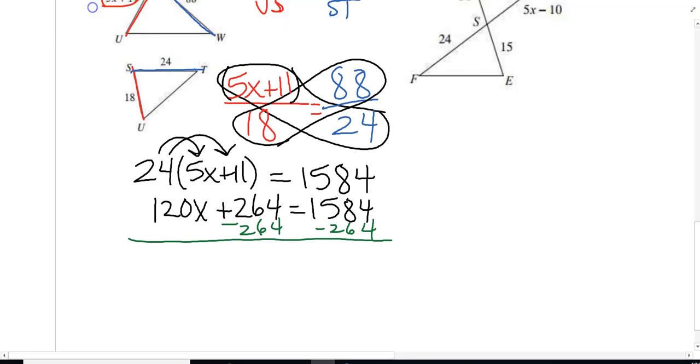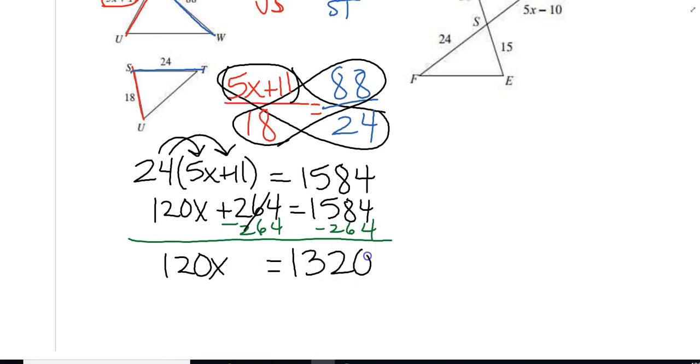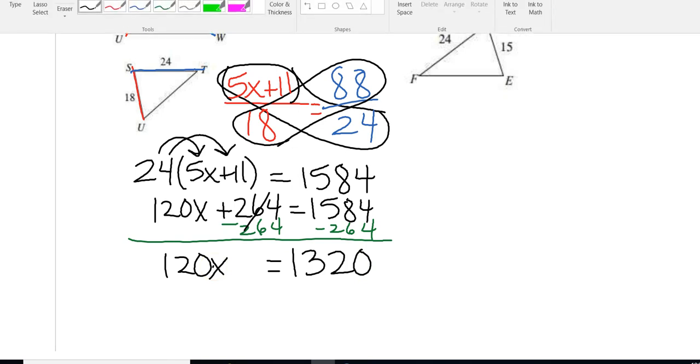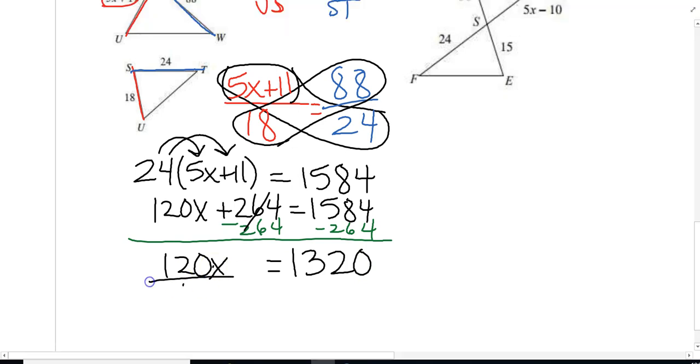And continue on here. So this is still going to be 120x. That becomes 0. This is now equal to 1,320. I'm going to do the opposite here. So if I'm multiplying 120 times x, the opposite is to divide 120 on both sides. So x now is going to equal 11.